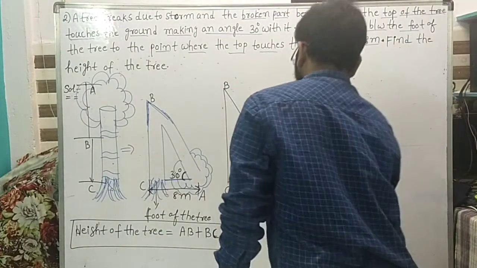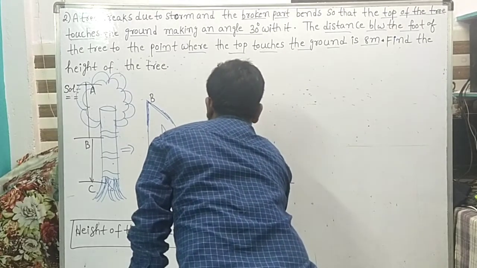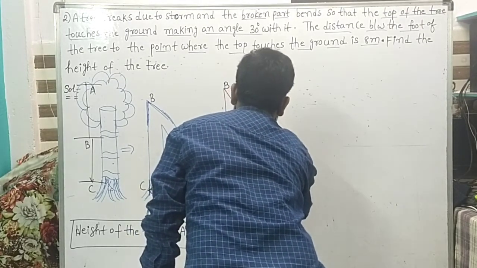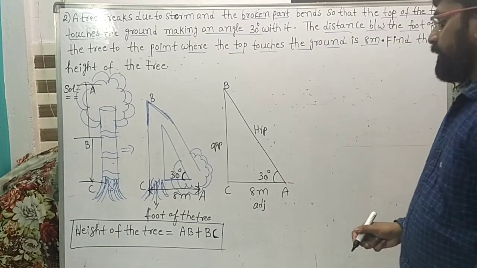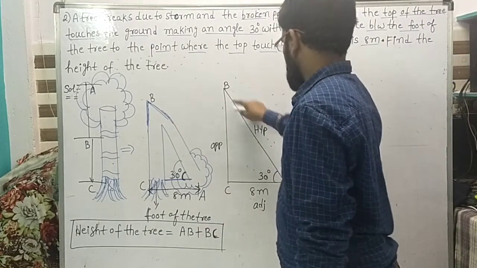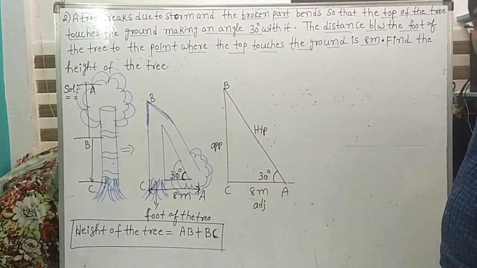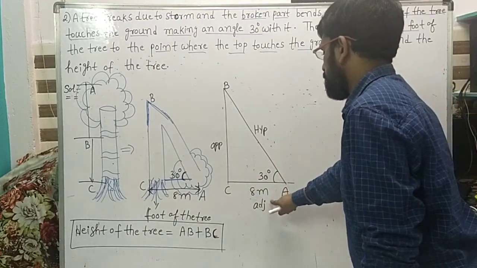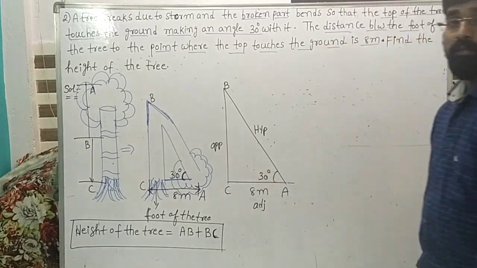Theta is given here. It is adjacent, this is taken as opposite, and this is hypotenuse. So first we need to find AB and BC, both. What is given here? They gave adjacent.